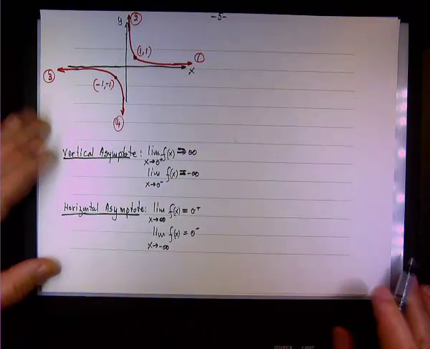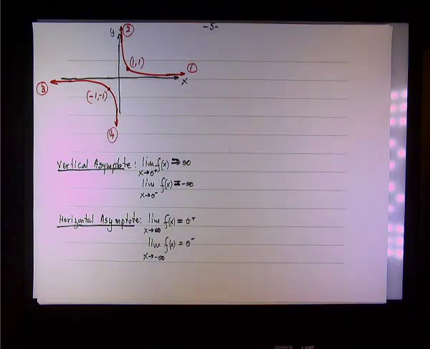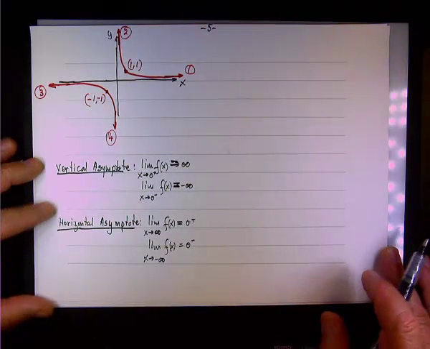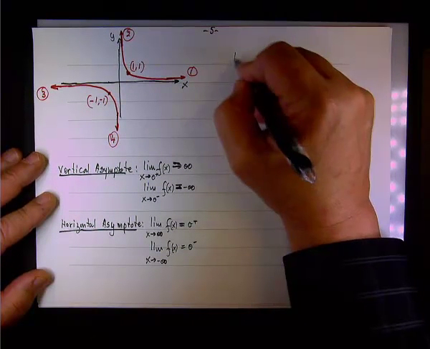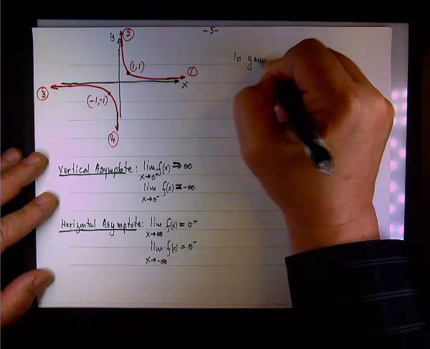Okay. In general, the vertical asymptote will be x equal a constant, and in general the horizontal asymptote will be y equal a constant. So in general, we're going to write the following.